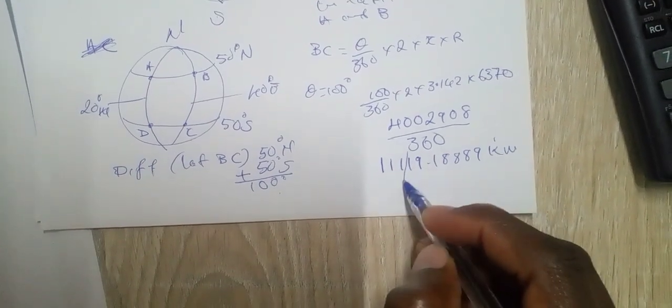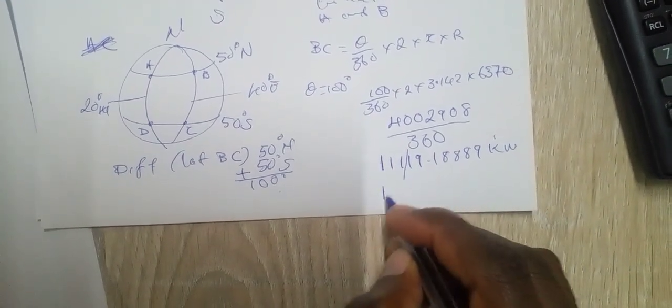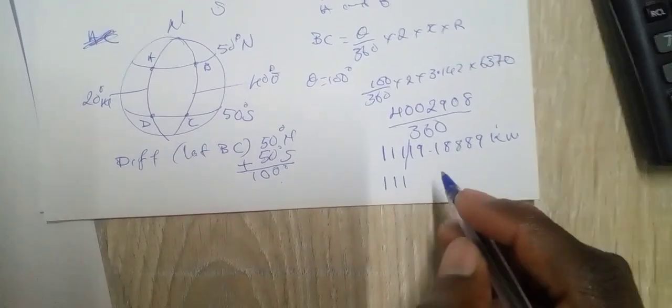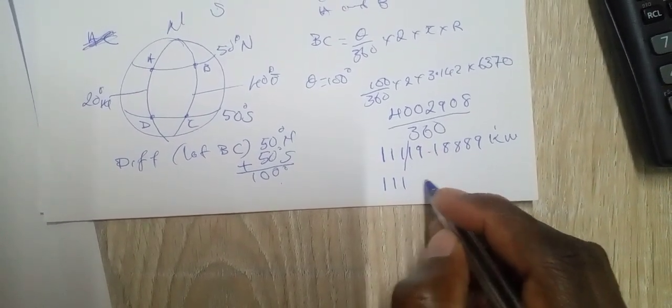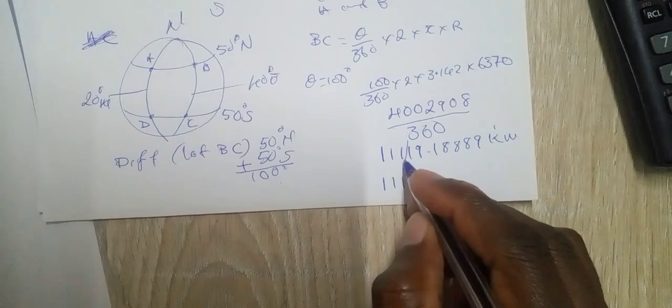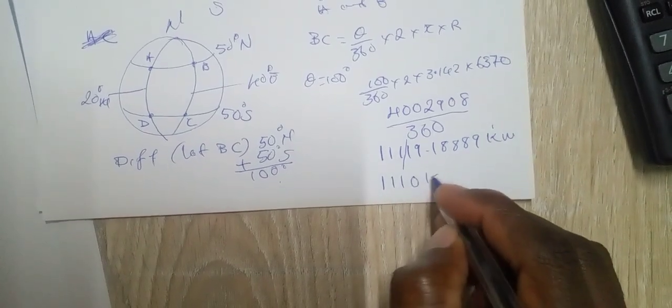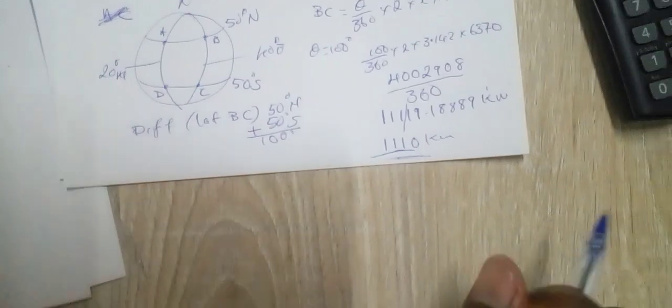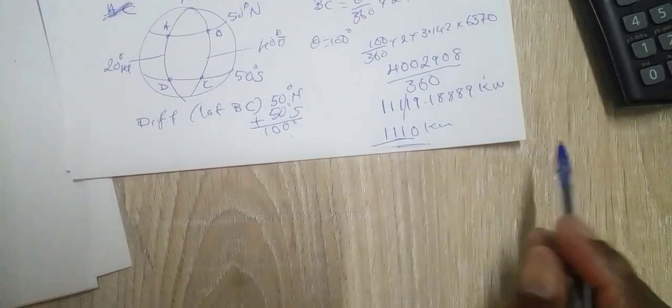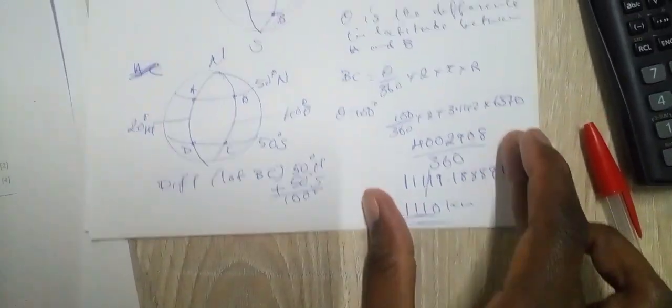We put a demarcation there and write our answer 1, 1, 1. So when you round this off, you are going to get your answer as 11110 kilometers. So this is your final answer, and that is how you find it, and you are done. This is how you answer this kind of question.